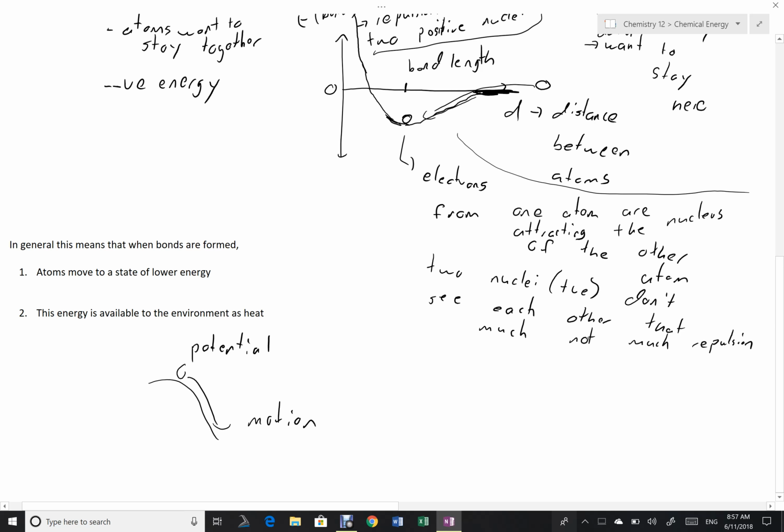But because we're talking about atoms, we don't typically see that as motion. We see it as changes in temperature, or heat.